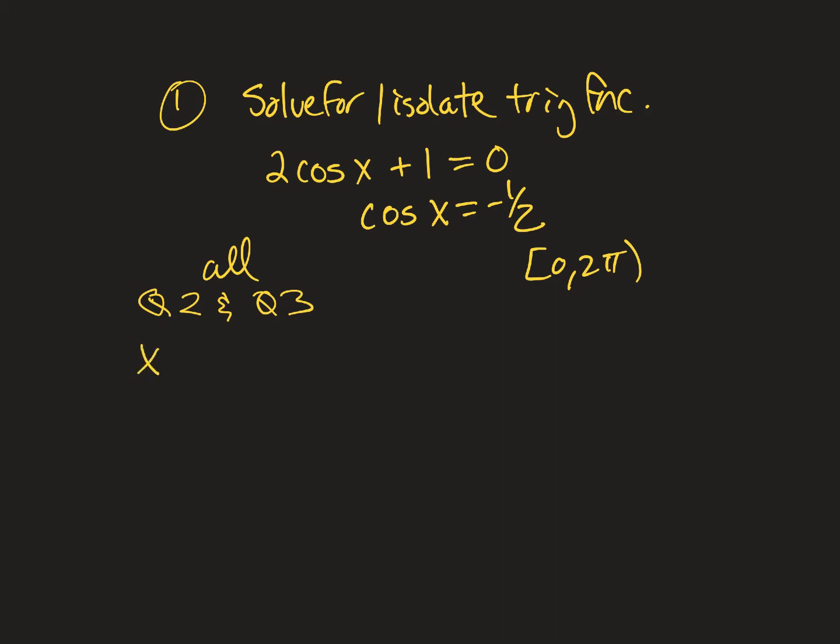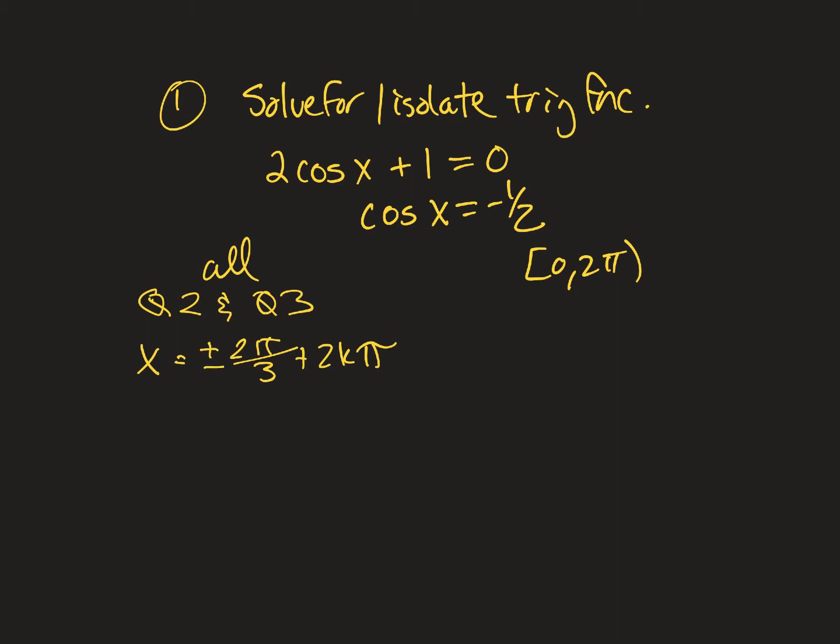And every time I go around the circle, so every 2k pi, I'll hit that -1/2. So I could say, not cosine, could say 2 pi over 3 plus 2k pi. And I also want the quadrant 3. And to hit those, I could say -2 pi over 3 plus 2k pi.